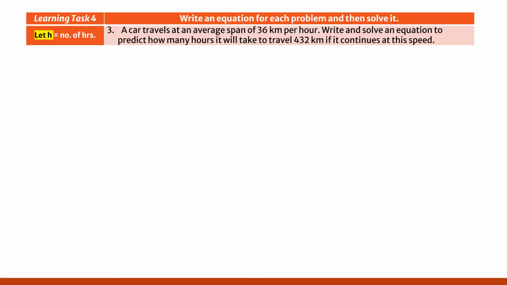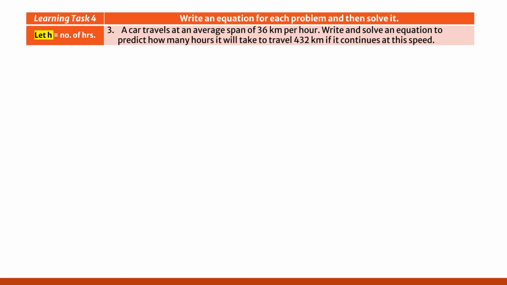Problem number 3. A car travels at an average speed of 36 kilometers per hour. Write and solve an equation to predict how many hours will it take to travel 432 kilometers if it continues at this speed. So in this problem, we will let h be the number of hours needed to reach 432 kilometers with an average rate of 36 kilometers per hour.